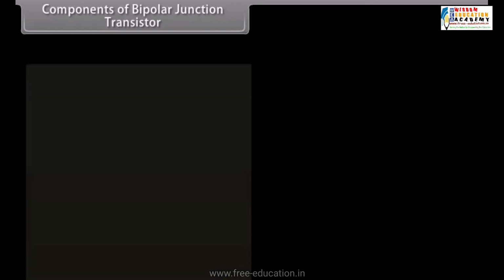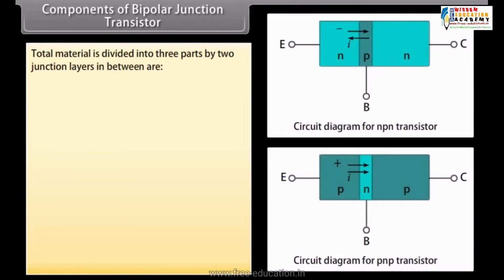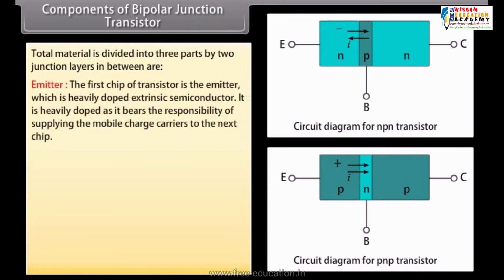Components of bipolar junction transistor. The total material is divided into three parts by two junction layers. Emitter: the first chip of the transistor is the emitter, which is a heavily doped extrinsic semiconductor. It is heavily doped as it bears the responsibility of supplying the mobile charge carriers to the next chip.